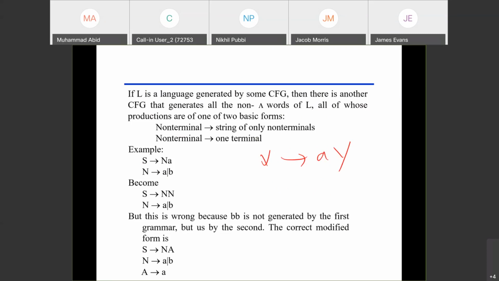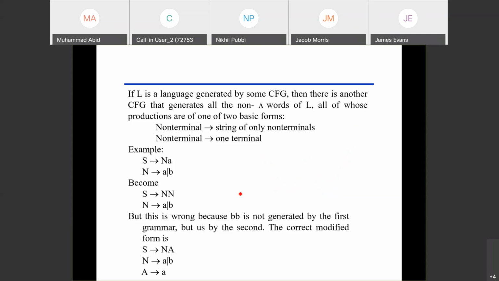Okay. So what we want, we are happy if you have two non-terminals, or one terminal, but we do not like one non-terminal in any case in our word. We do not like that. So this is something we want to get rid of. This also falls into the unit production.